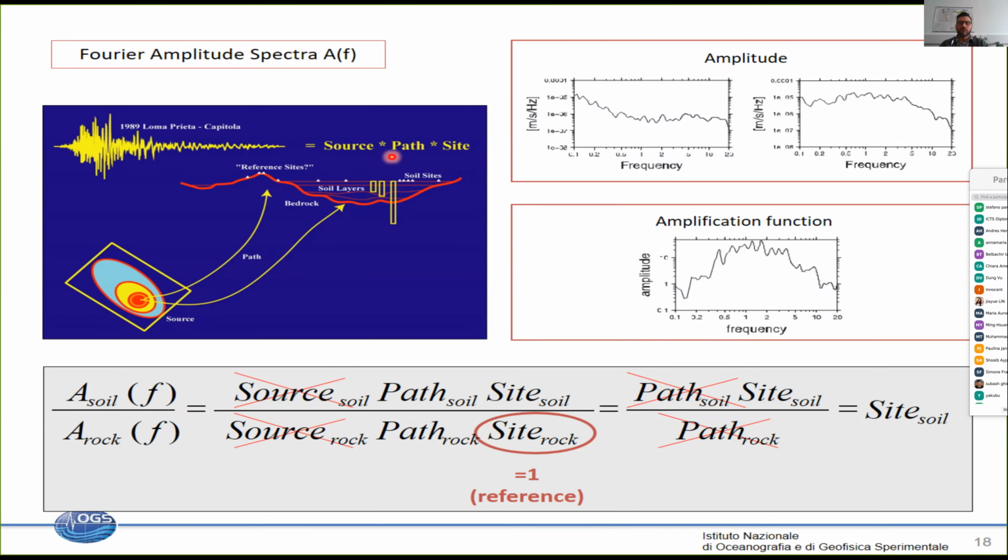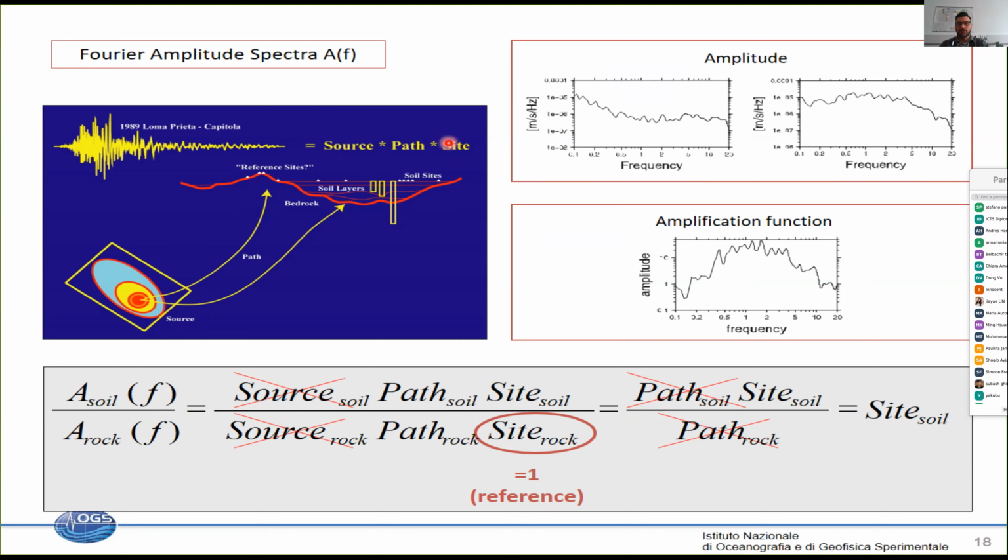And we also said from the very first lecture that if we take the Fourier spectrum of this function in the time domain, the spectrum of the seismogram will be the product of the Fourier transforms of the source function, of the propagation, and of the site.